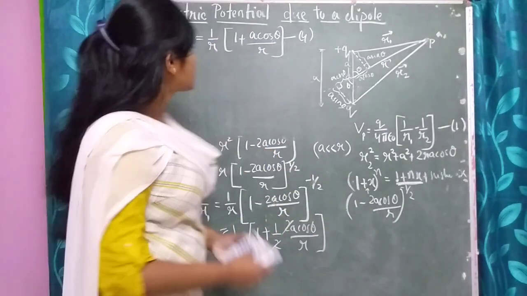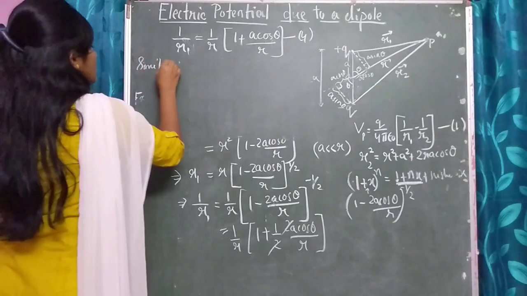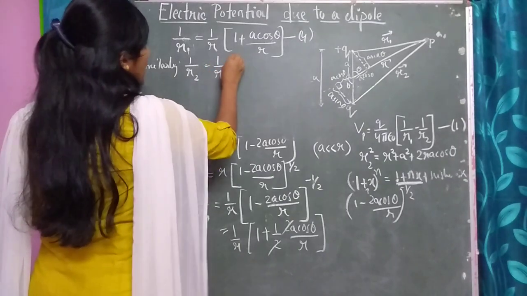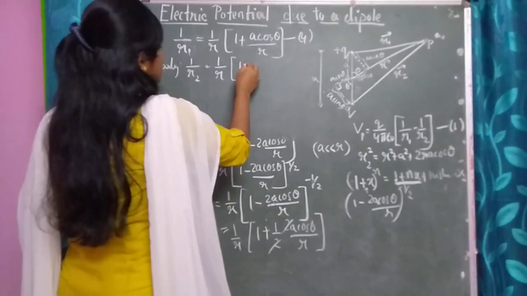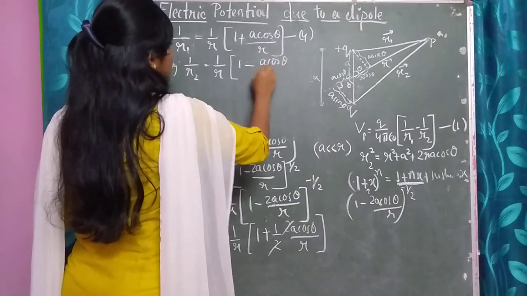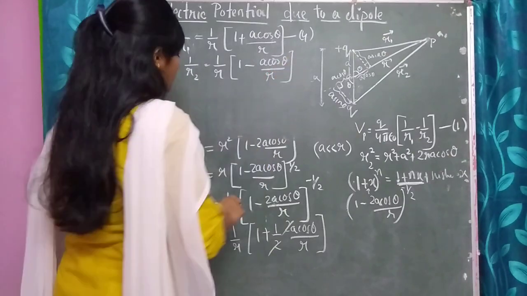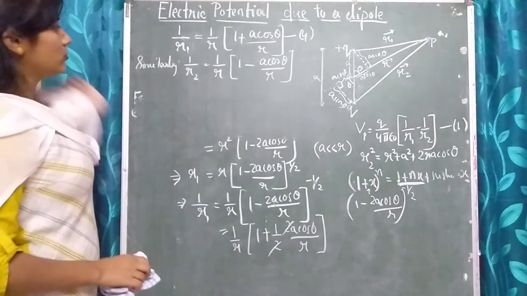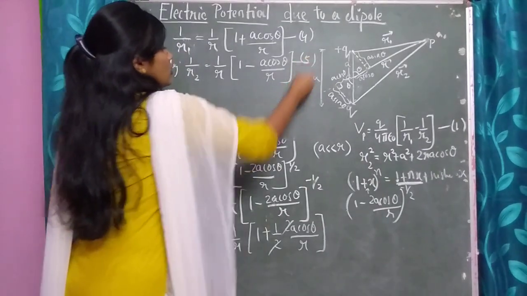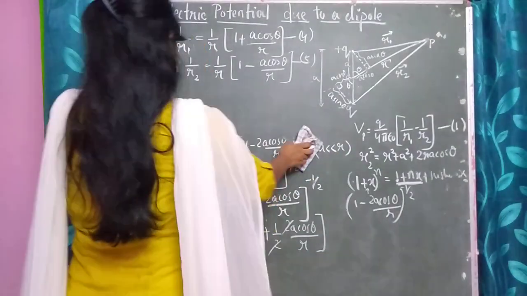If we solve this, similarly 1 by r2 will be equal to 1 by r times (1 minus a cos theta by r). Let it be equation 5. Now let us use these two equations in equation 1.